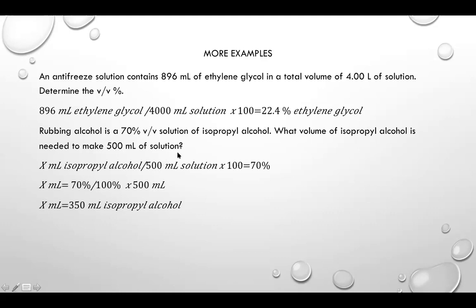So we're going to put X mils of isopropyl alcohol divided by 500 mils of solution times 100 equals 70%. So this is our percent, and then we have the volume of the isopropyl divided by the volume of the solution. So if we just multiply by 500 on both sides, that'll give us that X mils is 350 mils of isopropyl alcohol. So you just need to solve for the variable X.